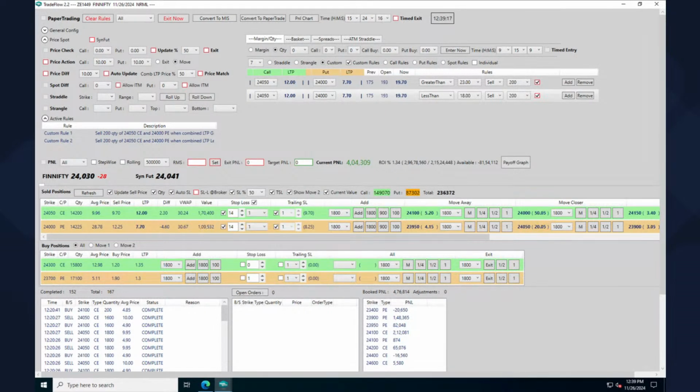Let's see if that happens, then I'll have to exit. Pradeep is absolutely right. The Nifty has been challenging. Super challenging, not even challenging.